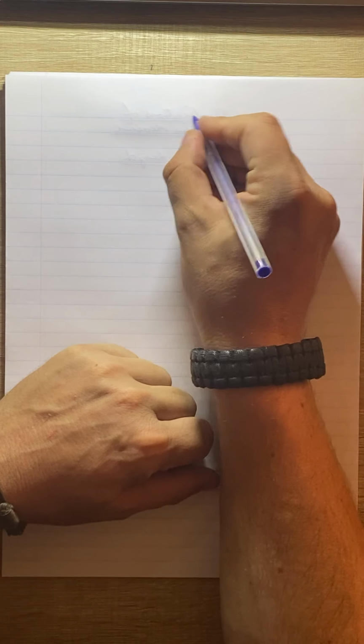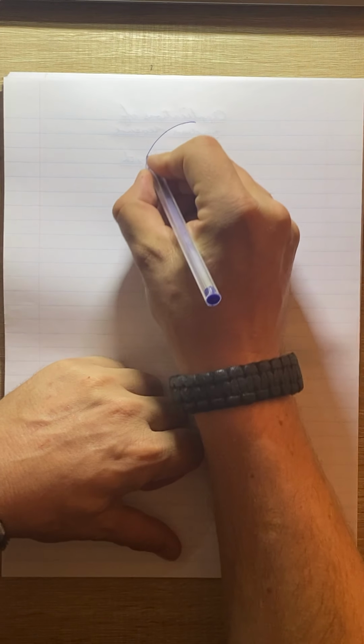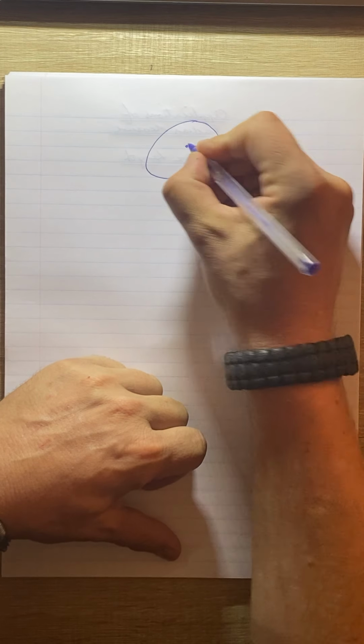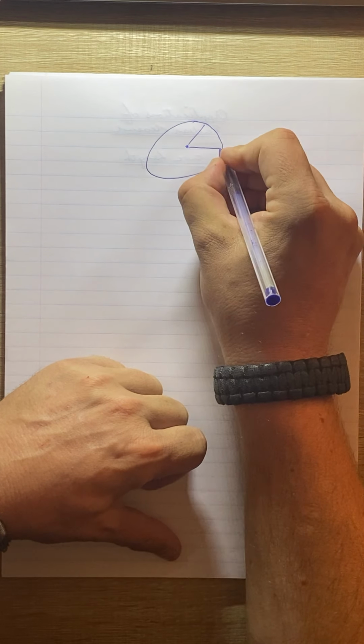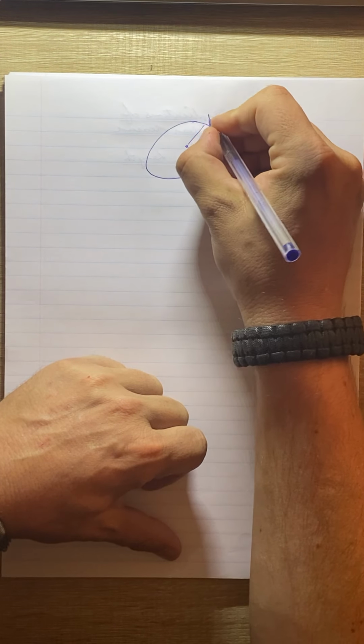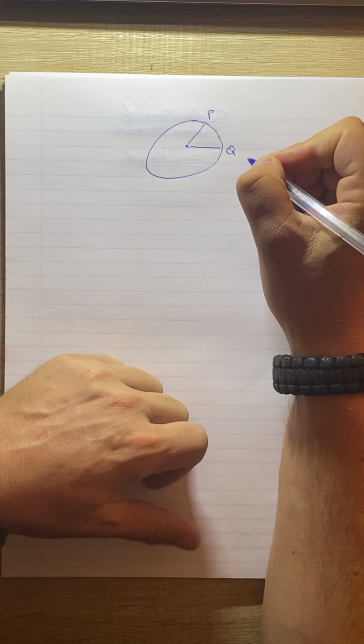Okay, so example 1 is saying an arc PQ of circle center O. So what I'm going to do is I'm just going to draw a circle, and then just from that draw our arc, which they said was PQ.